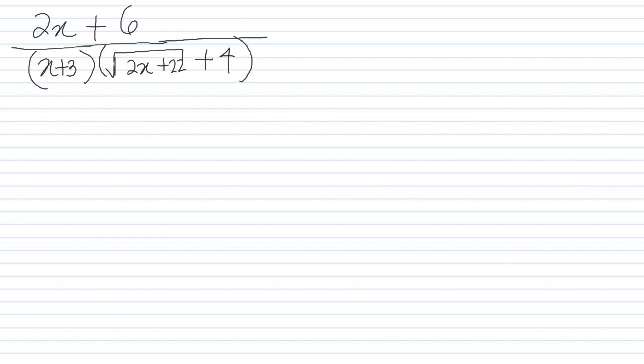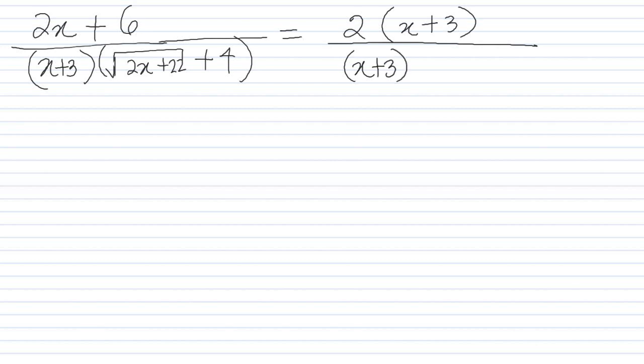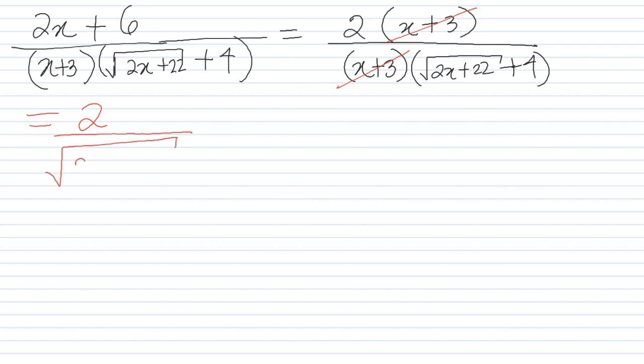So that would be 2 times x plus 3 over x plus 3. So cancel this out, cancel this out. What you end up with is 2 divided by the square root of 2x plus 22 plus 4. This is basically what we have so far, right?